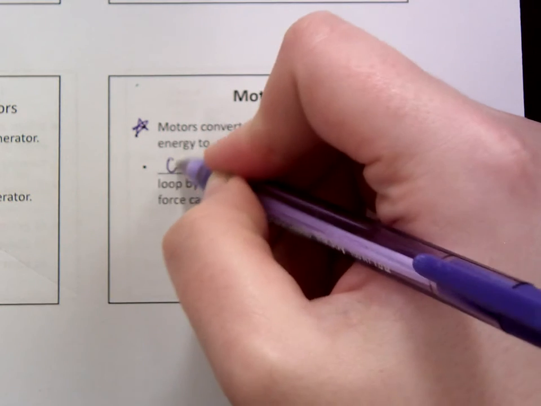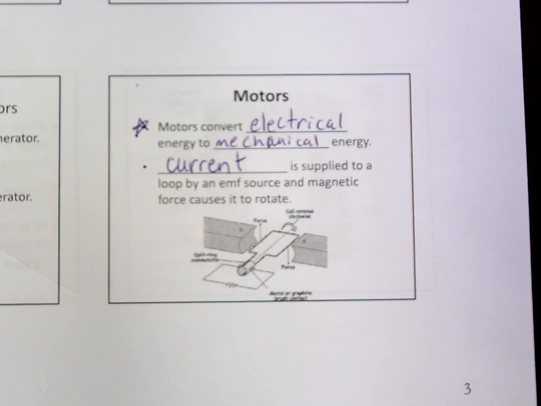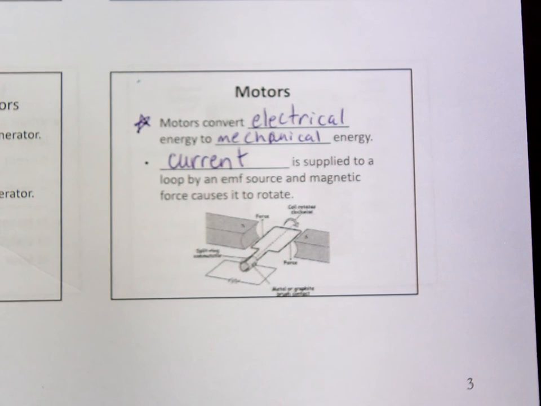So we get current supplied to the loop by some source of EMF, some voltage source. Could be a battery if it's maybe a handheld device or something like that, or if you plug it into a wall, the voltage is being supplied by the wall outlet.